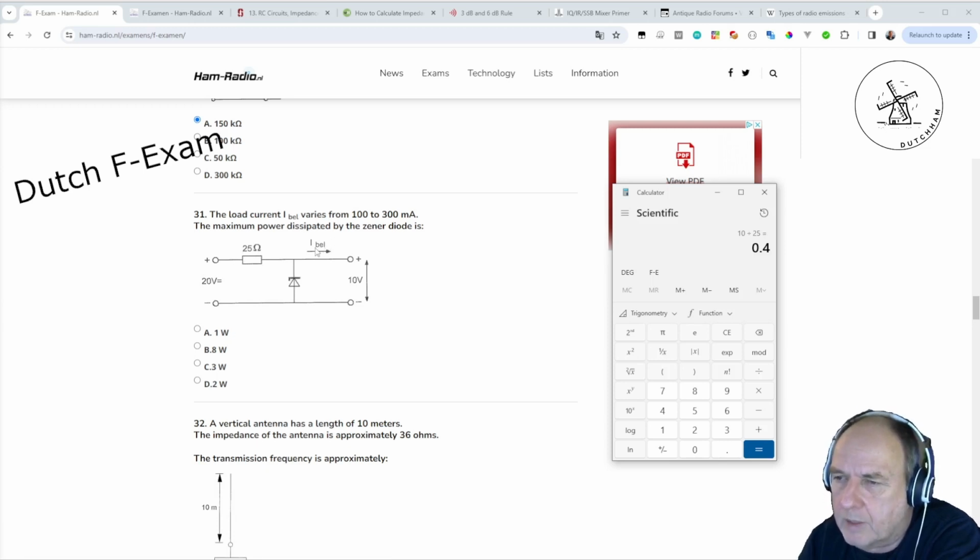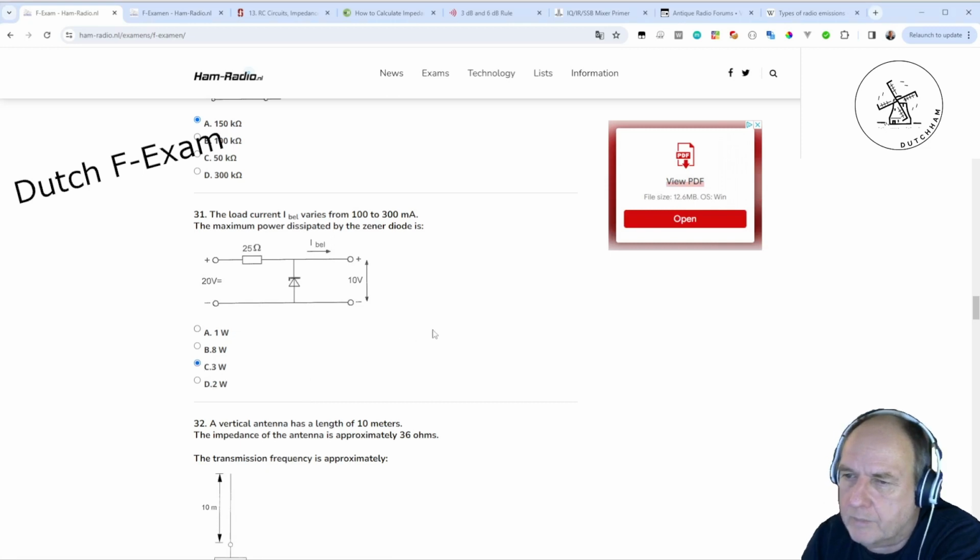Only 100 milliamps is going to the load. So there will be 300 milliamps going through the Zener, and then it will be 0.3, the current through the Zener, times the voltage 10 volts, is 3 watts, so it's answer C.